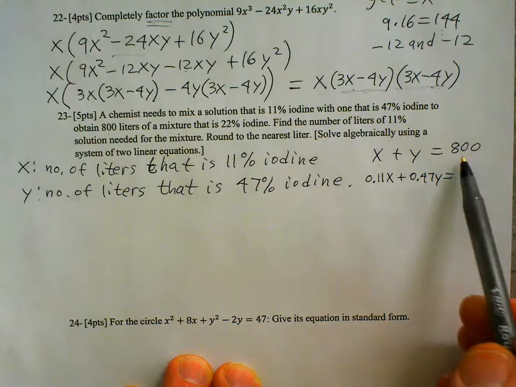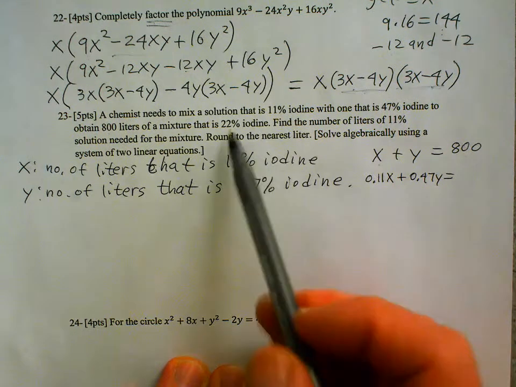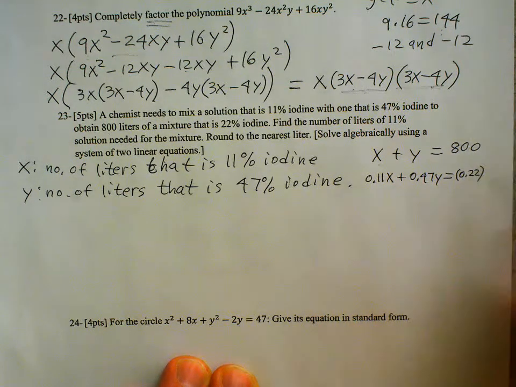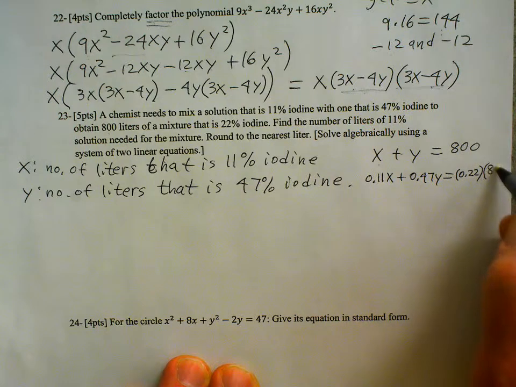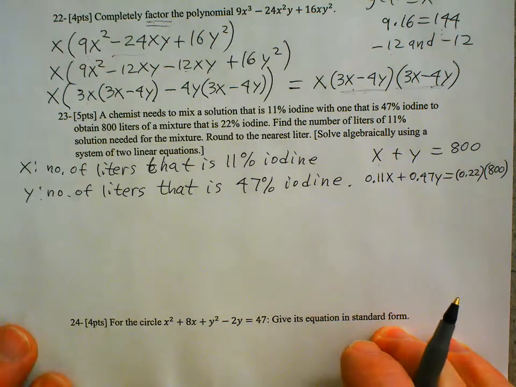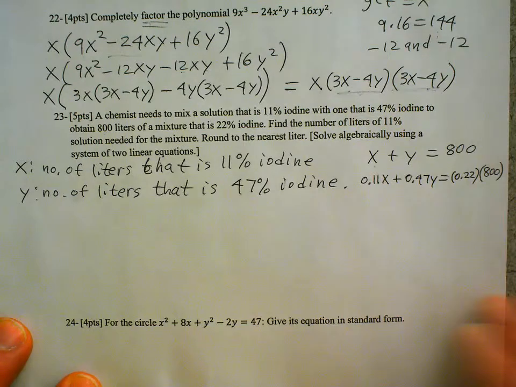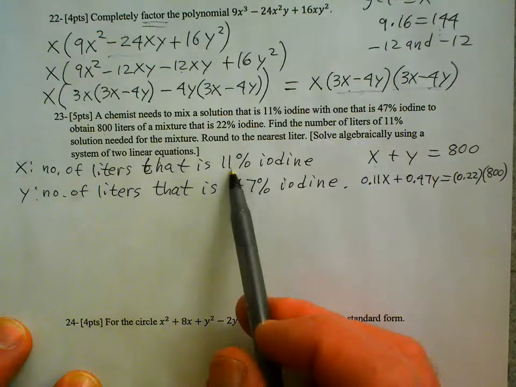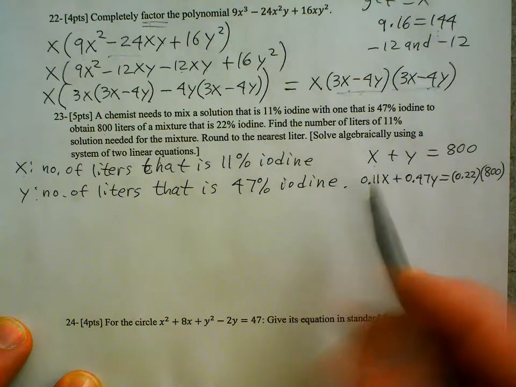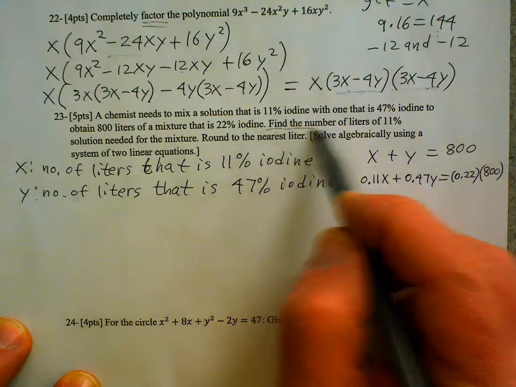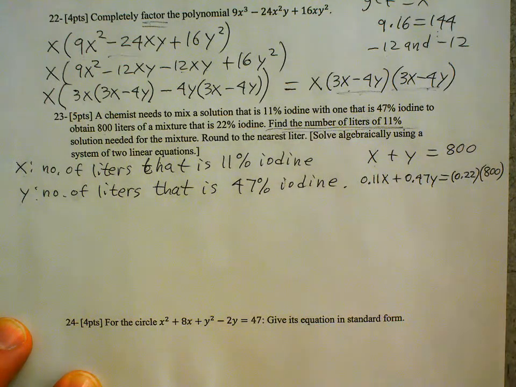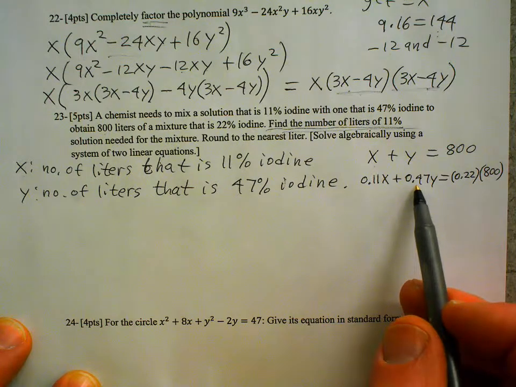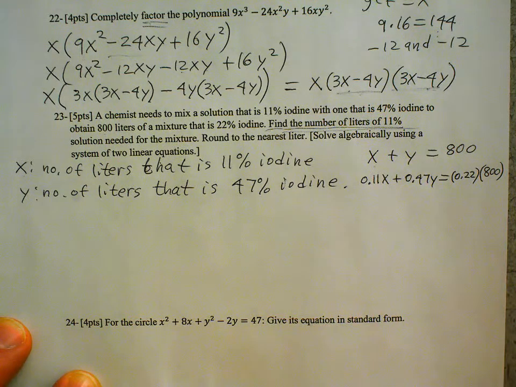And the mixture of 800 liters is 22% iodine, so here we multiply 0.22 times 800. Our variable assignment x represents the number of liters that is 11% iodine, and that's all we're supposed to find. So we want to solve this system of equations and determine the value of x.